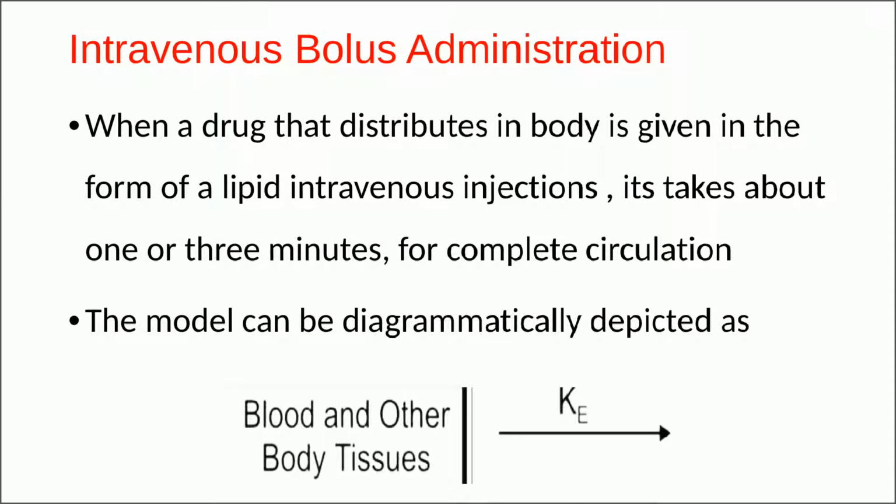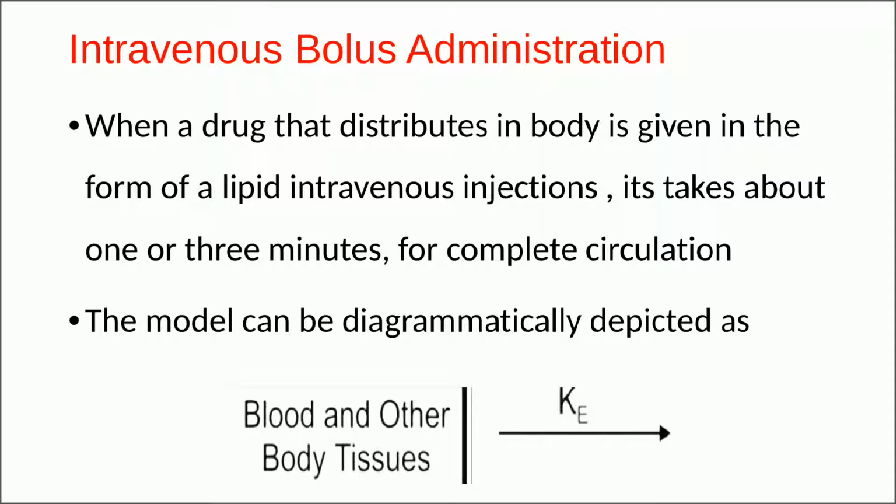So intravenous bolus administration. When a drug that distributes in body is given in the form of rapid intravenous injection, it takes about 1 to 3 minutes for complete circulation.